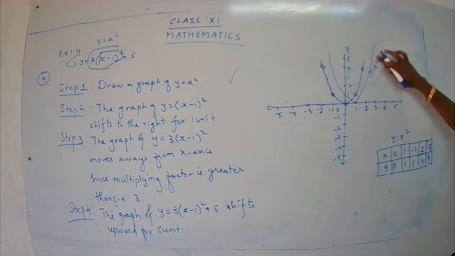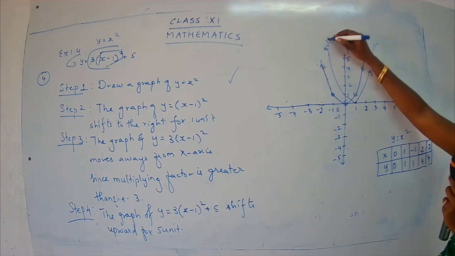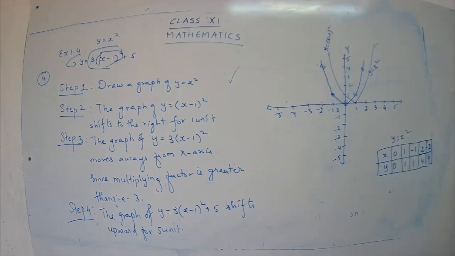I'll write here y is equal to x minus 1 the whole square, so that you don't have any confusion. So it's shifting 1 unit. Plotted.